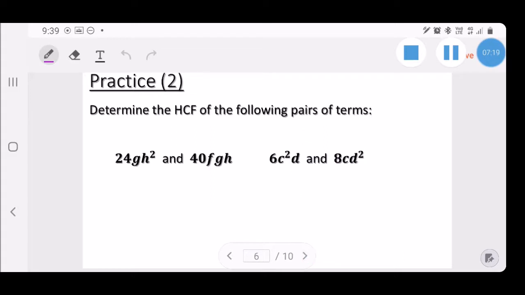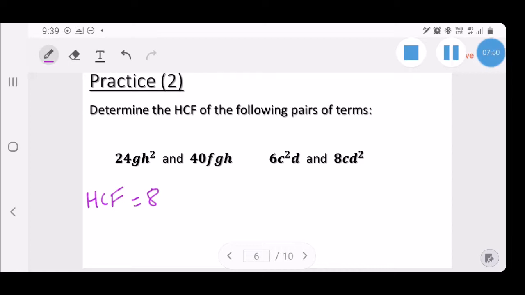All right, we'll speed it up a little bit and do 2 more problems that are slightly more complicated, okay? So what is the highest common factor of these 2 sets of terms? Highest common factor. Well, 24 and 40. The highest common factor of 24 and 40 is 8, I believe.